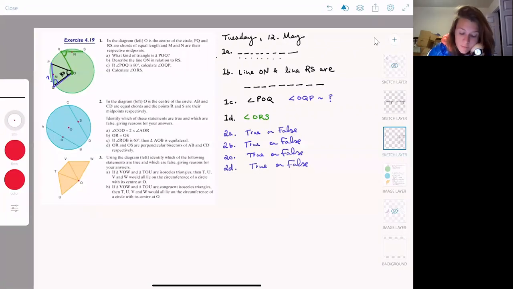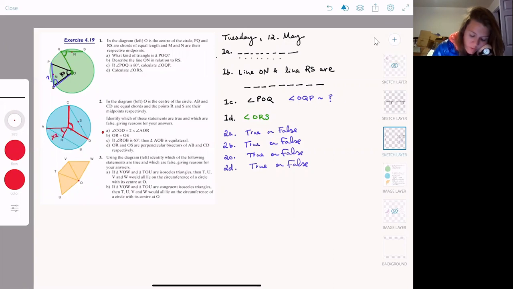Okay, so for number 2, we are asking whether or not the statement is true or false. So here with question A, we're asking angle COD is equal to angle AOB times 2.